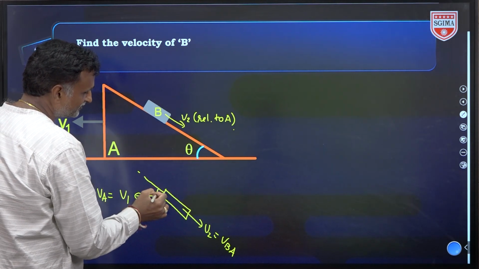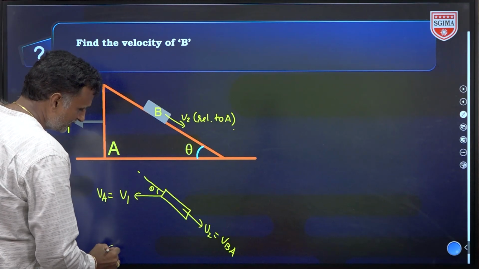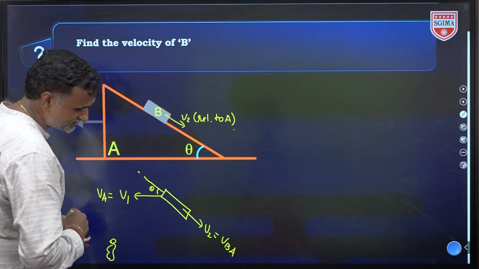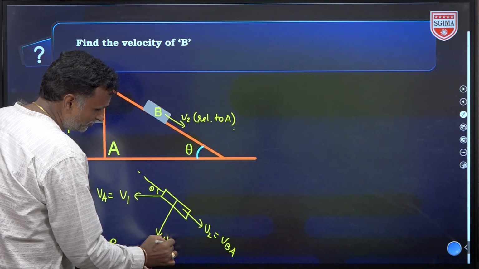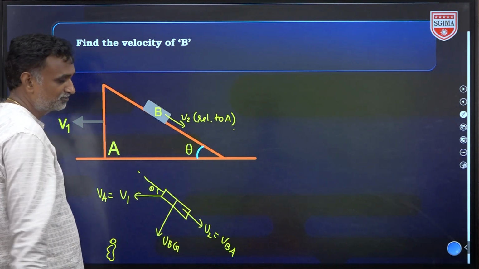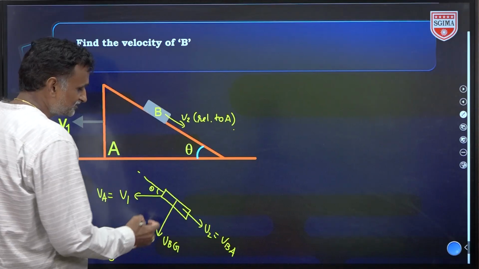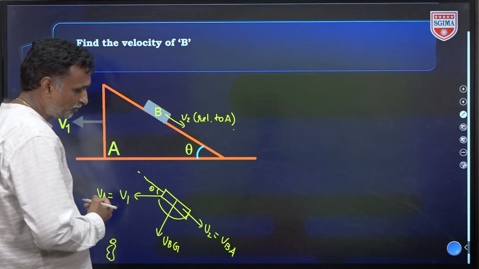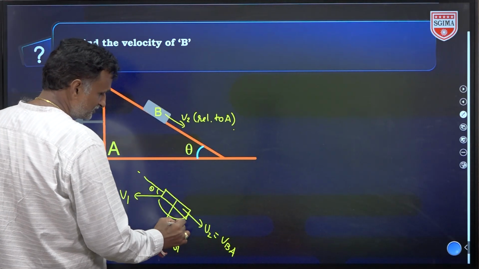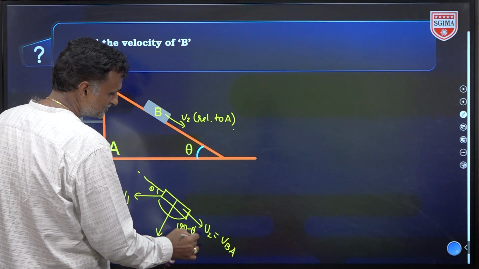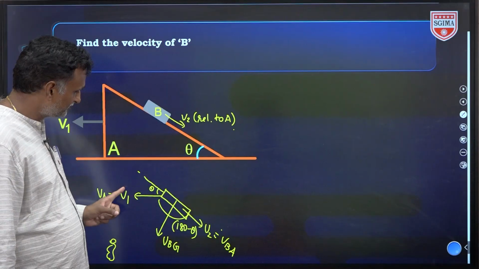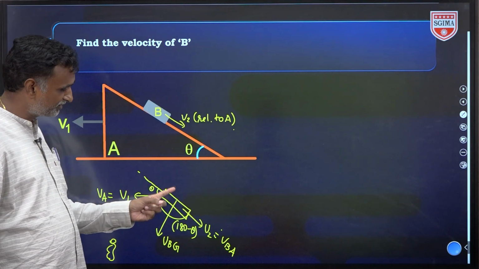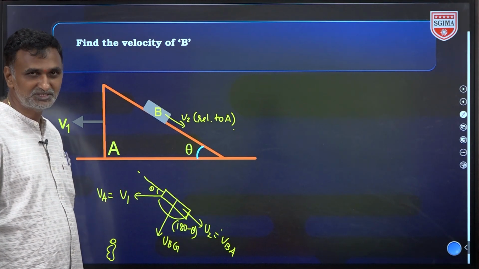This angle was given as theta, and the net velocity observed by the person on the ground must be in between, the velocity of B with respect to the ground. Then what is the angle between them? 180 minus theta. So one component along this and one component along this we can take, and we will find VBG.